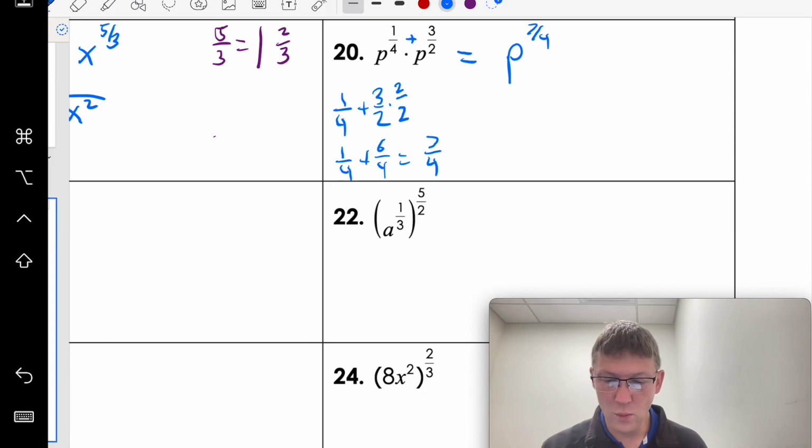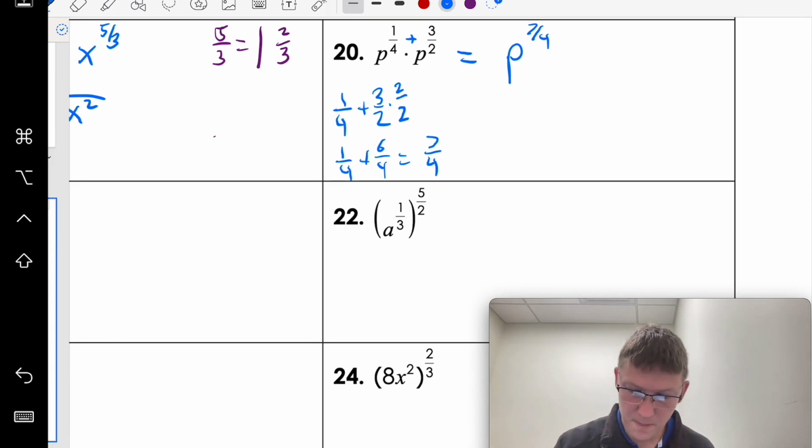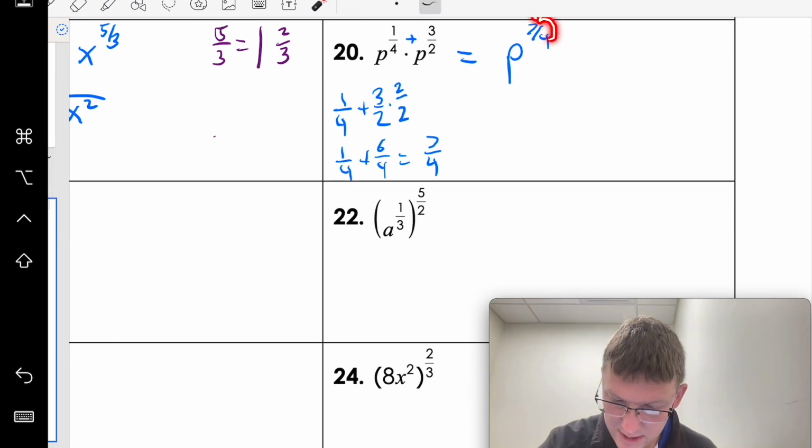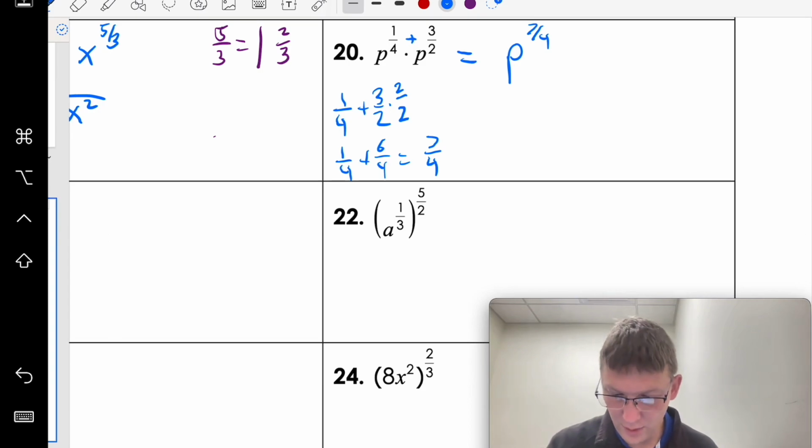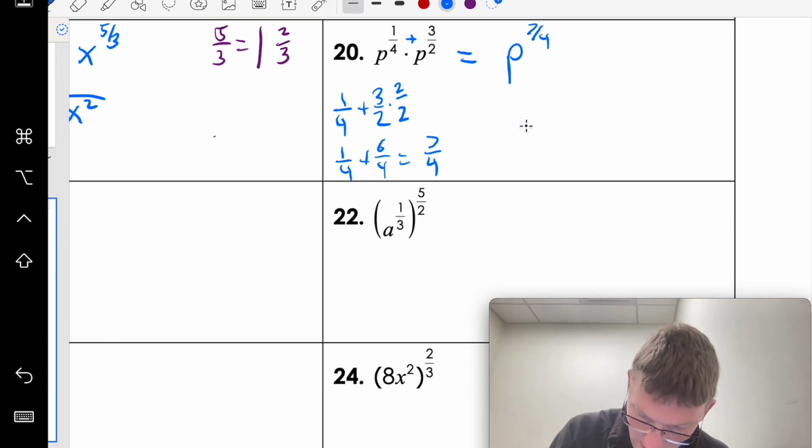So we need to turn that into radical form. How many times does 4 go into 7? Just once, and then we'll have 3 left over. That means we're going to have a p on the outside of the radical.